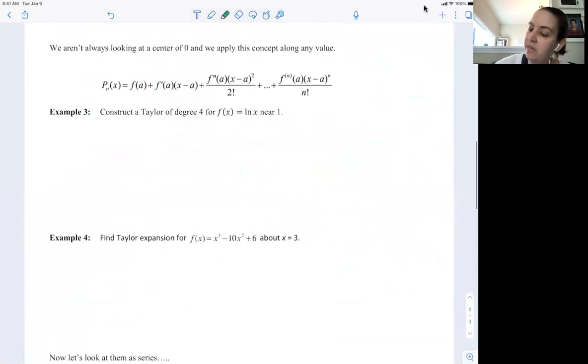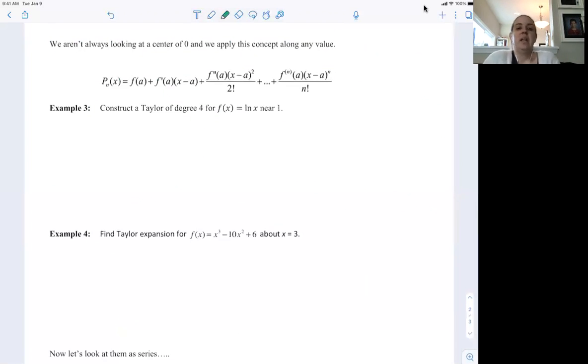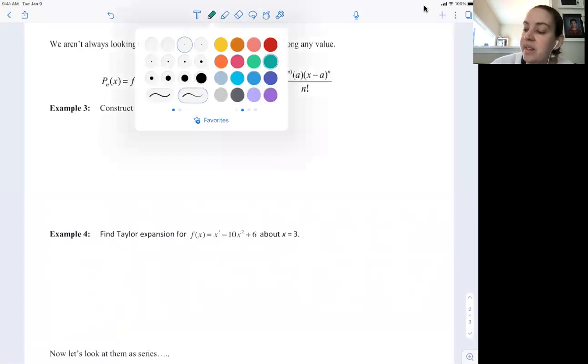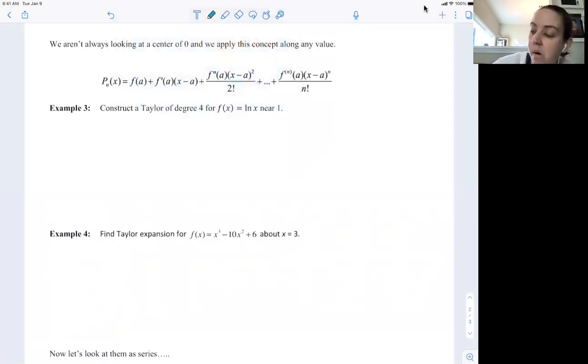All right, what else do we have? We're not always looking to be centered at 0, and you can apply this concept to any value for these polynomials. And so what we've done here is we've introduced an a. And what this a is, it's a specific value. A equals x1, right? So it's just an x value that we already know what it is.